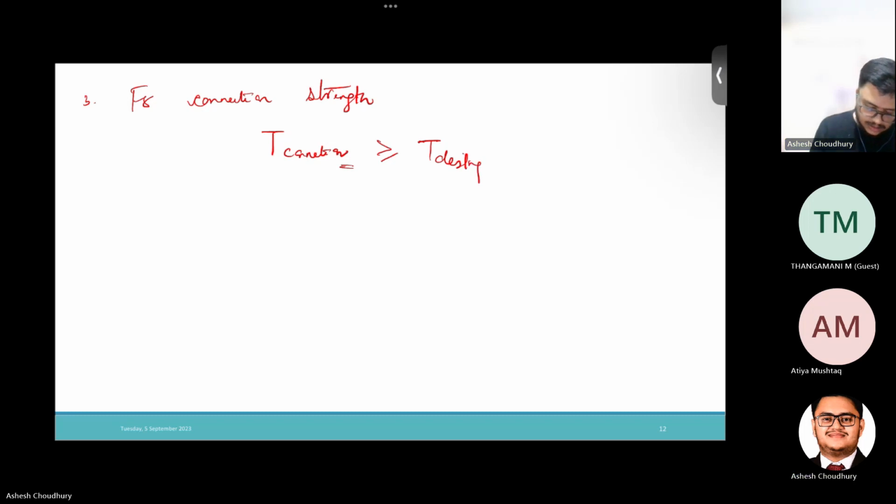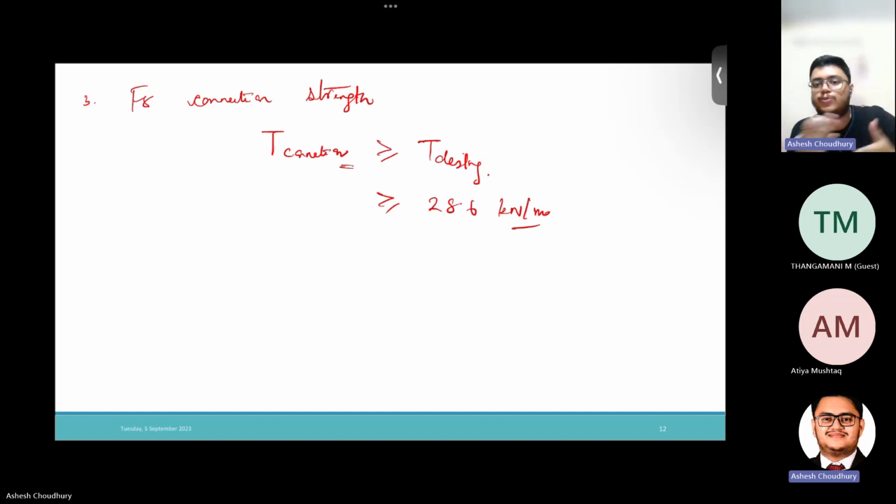This connection strength should be greater than 28.6 kilonewton per meter in our case. This connection strength that we have to determine using tests has to be greater than or equal to the design strength, which is 28.6 kilonewton per meter in this case.